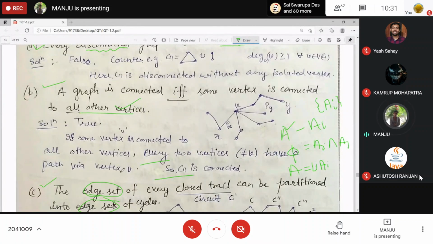Can you decompose every circuit into cycles?